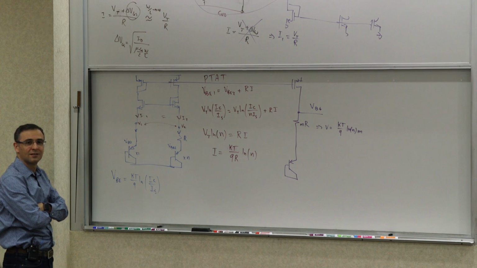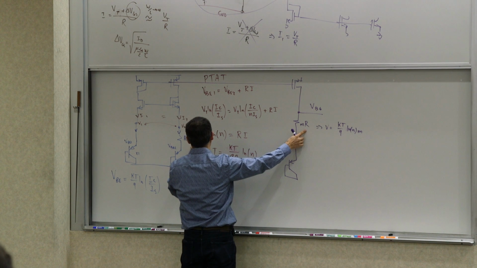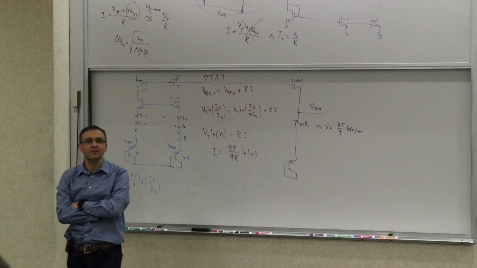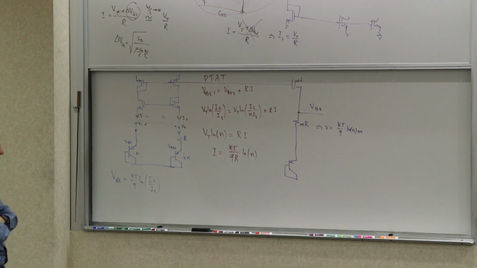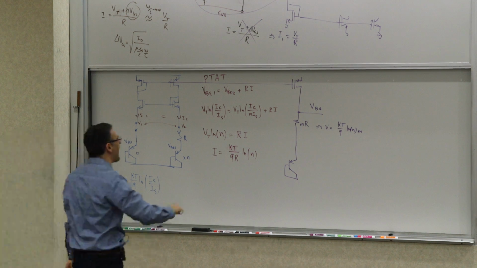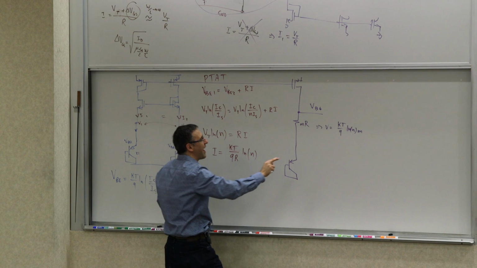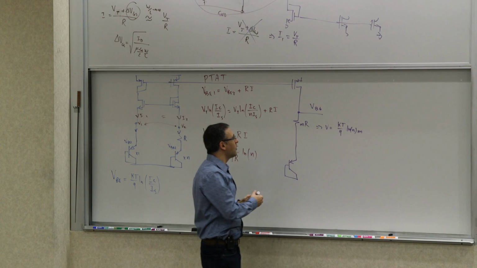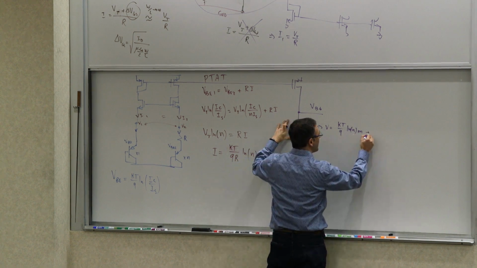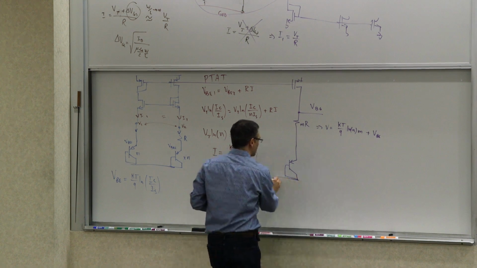The key is that these two resistors are of the same kind. If they are of the same kind, then the ratio will cancel out temperature-wise. So what you are left with are ratios. You have the natural log of n, which is the ratio of the size of this transistor to that one. And then you have the m, which is the ratio of this resistor size to this resistor. And that's the voltage across the resistor, then plus VBE of this transistor.